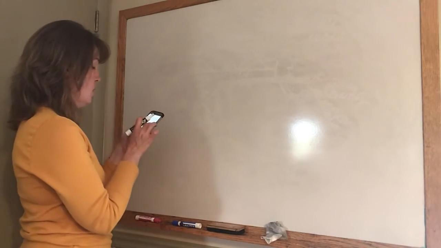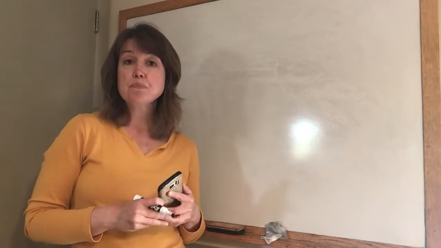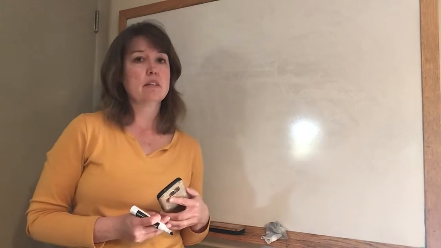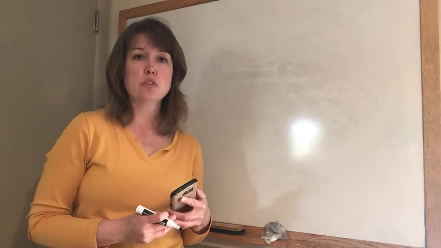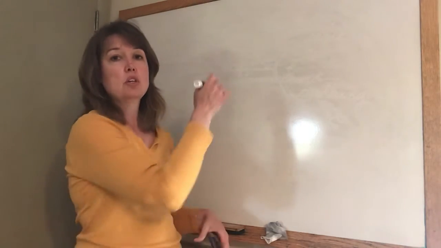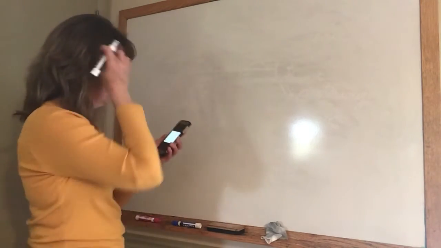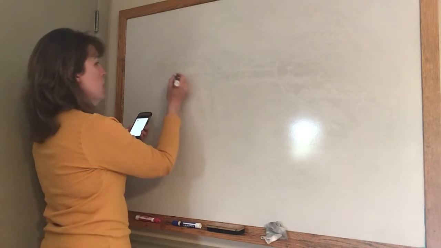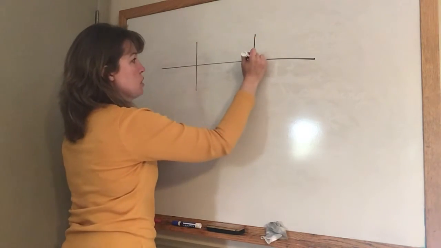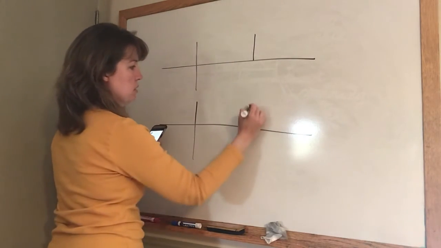All right, so when you are diagramming, you have two subjects, but they're not connected by a conjunction. They are two separate parts of the sentence. So you're going to make two diagrams and then connect them with the conjunction. So we have subject, verb, direct object, subject, verb, direct object.